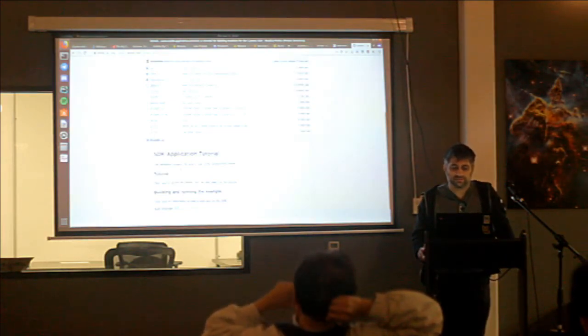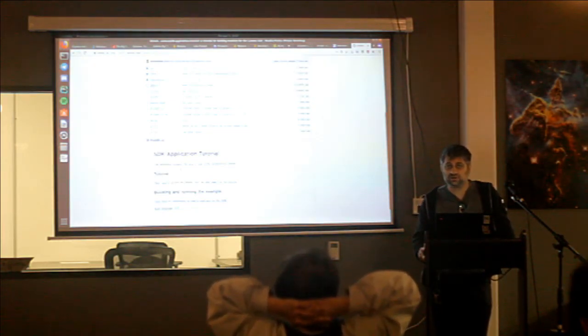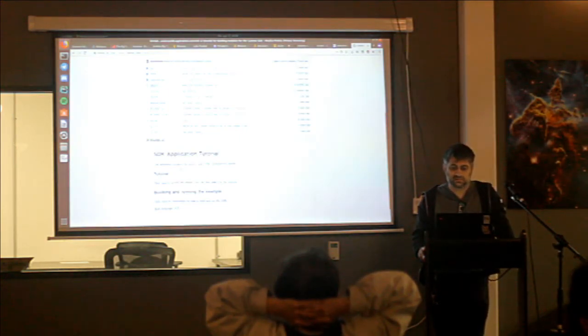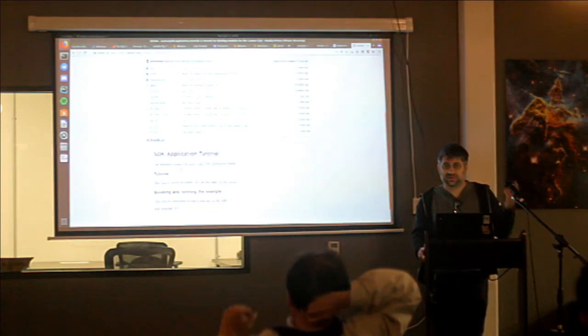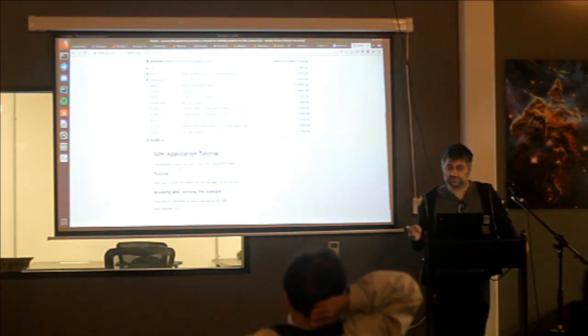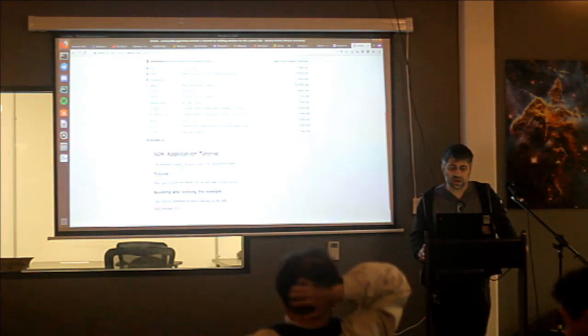So these are all the pitches for why our stuff is good and why you should use it, because it seems to let you build a bunch of super awesome, useful applications. And I'm excited about what the Near team is doing and what Fluence is doing, because I think all of these things will just add to the optionality.